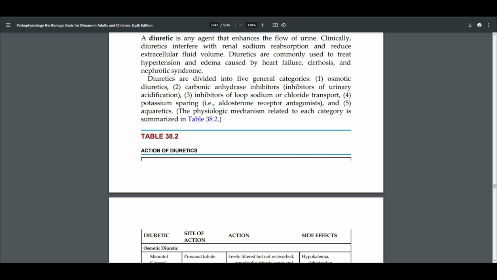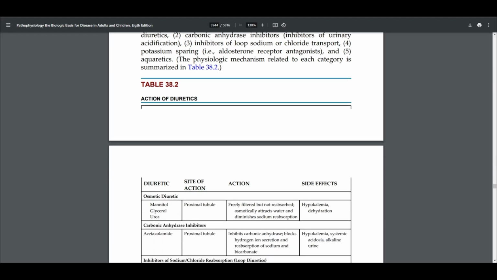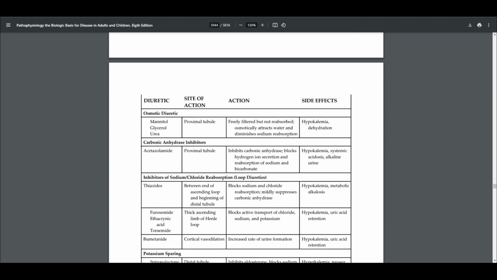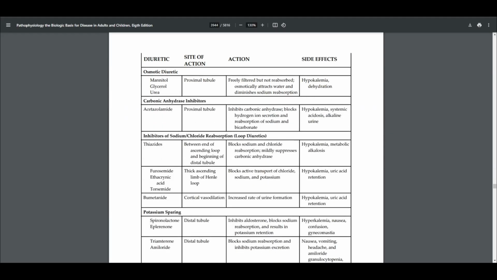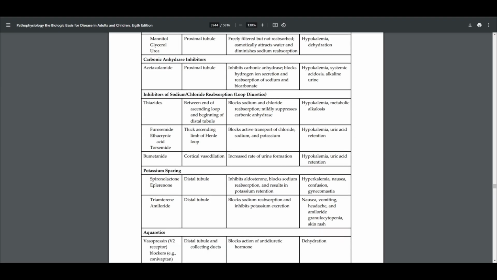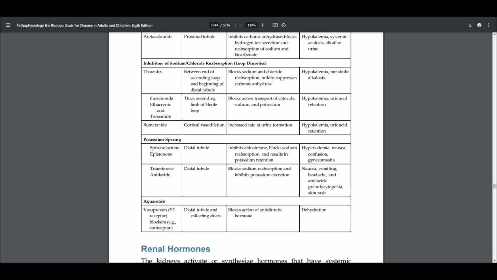The physiologic mechanism related to each category is summarized here. So here we have a variety of different medications we could give.